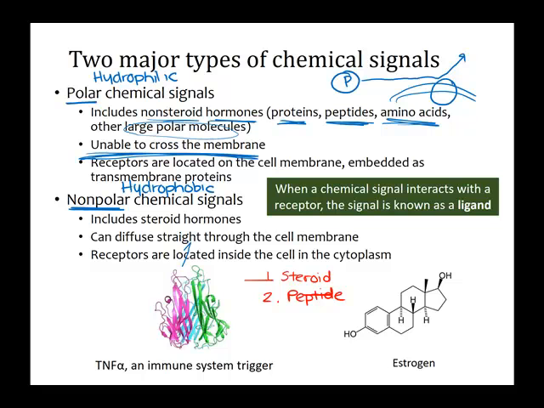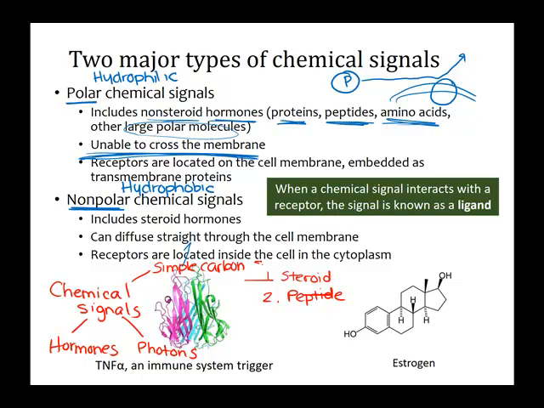Chemical signals are a broader class that include hormones, in which we have our steroid and peptide, and other things such as photons, and I should say simple carbon skeletons. These are just molecules that are a couple dozen carbons. My slide's a mess here, isn't it?